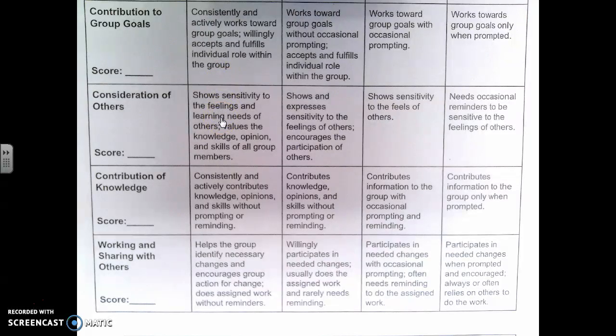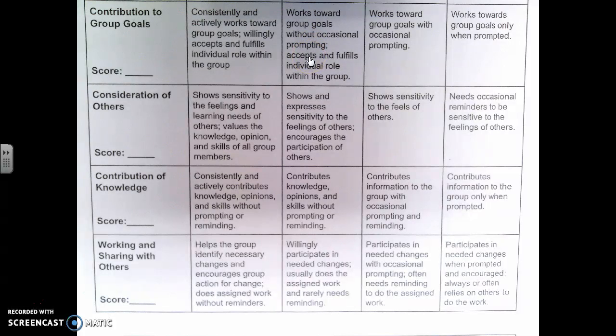You show sensitivity to the feelings and learning needs of others, values the knowledge and opinion and skills of all group members. You consistently and actively contribute knowledge, opinions, and skills without prompting or reminding. You help the group identify necessary changes and encourage group action for change. You do the assigned work without reminders. This is top scores.